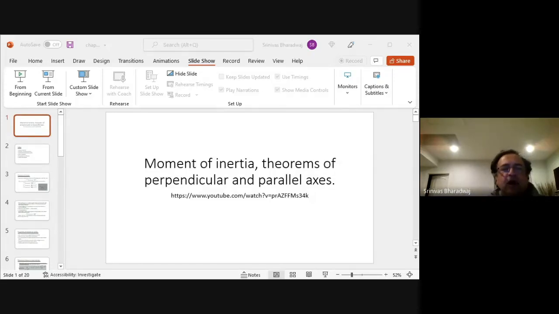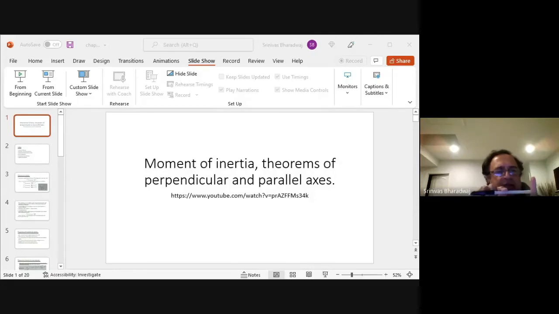About this point, it is ml square by 3. About this point, it is ml square by 12. So the least is about the center of mass. Where is the center of mass? Here. So the least moment of inertia is about the center of mass.